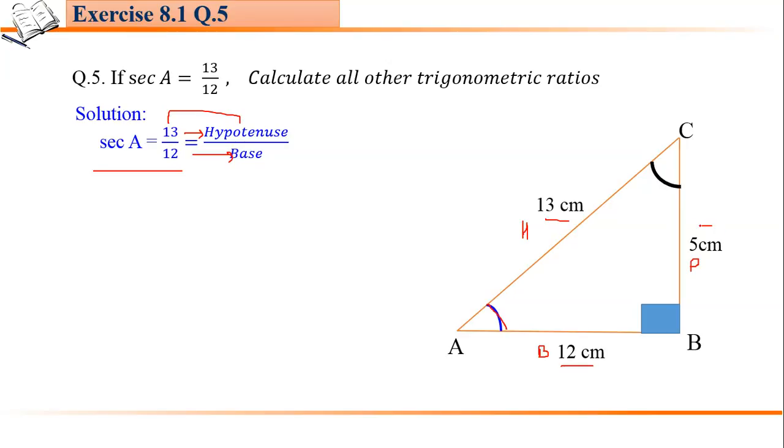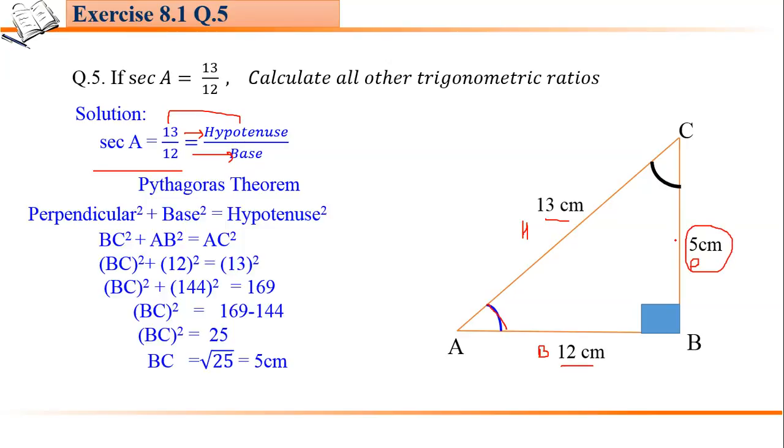Again we'll calculate the third side using the Pythagoras theorem. When we apply the Pythagoras theorem here, we will say that BC square plus AB square is equal to AC square. We'll put the values. BC is the value that we have to find, 12 square is equal to 13 square. 12 square is 144 and 13 square is 169.